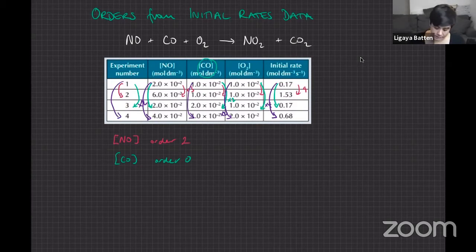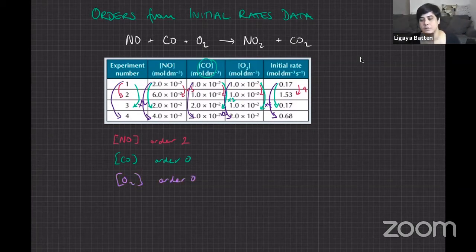So if we doubled the nitrogen monoxide, we would expect the rate to quadruple, and that's what's happened. So that tells us that the doubling of the oxygen that we saw between experiments 1 and 4 did not have an effect on the rate. And that tells us that O2, you can't see this color very well, I'll change it to a different kind of purple, O2 is order 0 as well.